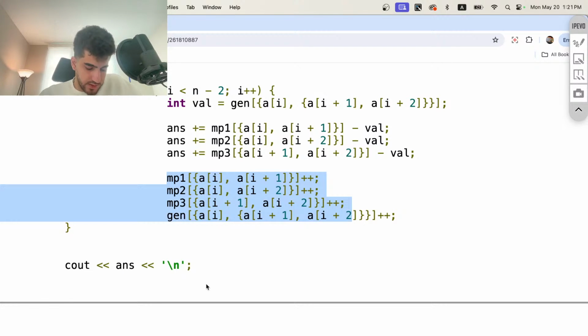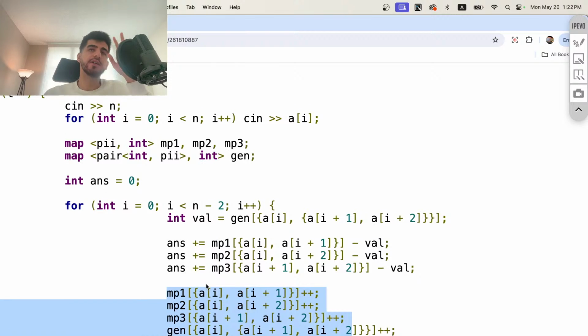Let me read your comments. I see. Well, because, I guess, as it says, it is not able to hash a vector.